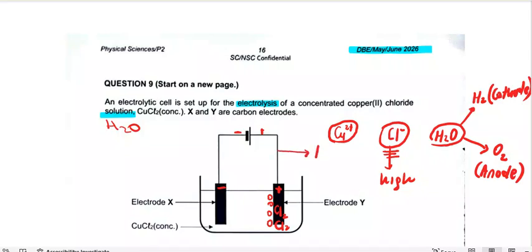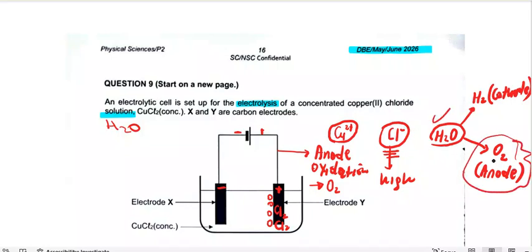This is the anode, meaning that oxidation takes place here, so the product that will be formed is Cl2, and oxygen can also be formed there if the water reacts. Oxygen will be formed at the anode, or hydrogen will be formed at the cathode.